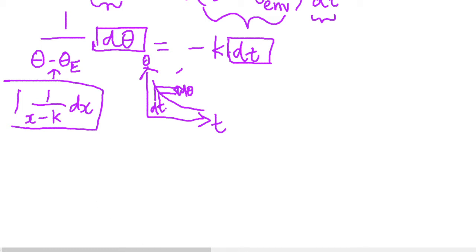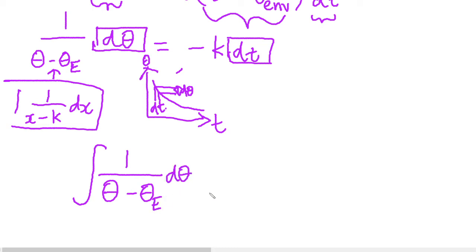What we can do now is apply the integral operator, like this continuous sum symbol, to all of the 1 over theta minus theta e times d theta little pieces, which will be equal to the integral operator applied over minus k dt, because if this and this are the same, then if you integrate them, it must work out.